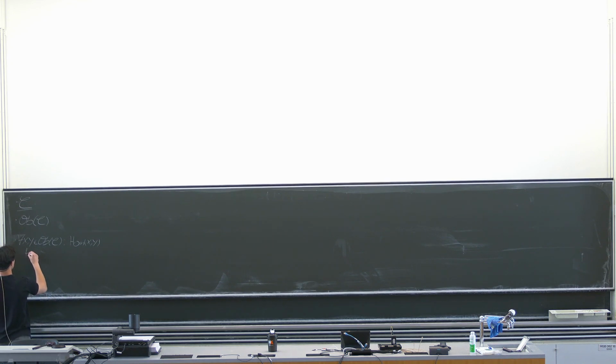We have a collection of objects, and for any two objects of C, we have something called morphisms from X to Y. So f is a morphism from X to Y.